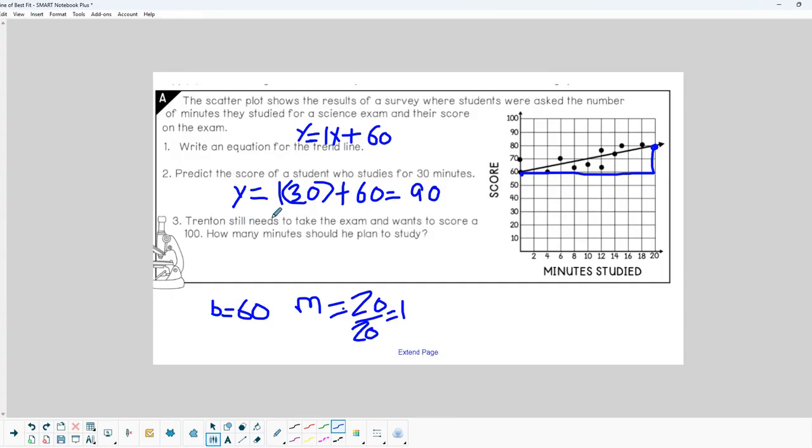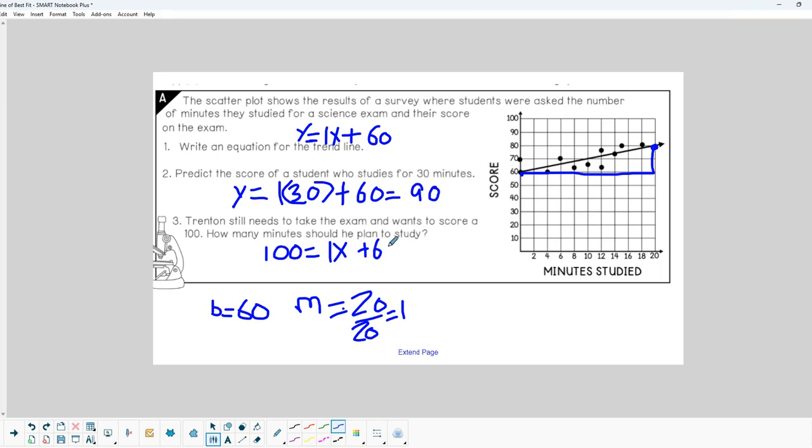All right, Trenton still needs to take the exam and wants to score 100. How many minutes will he need to study to plan on getting 100 points? So we're going to start out by saying, here's the score he wants to get. And we don't know how many minutes it's going to take to study.